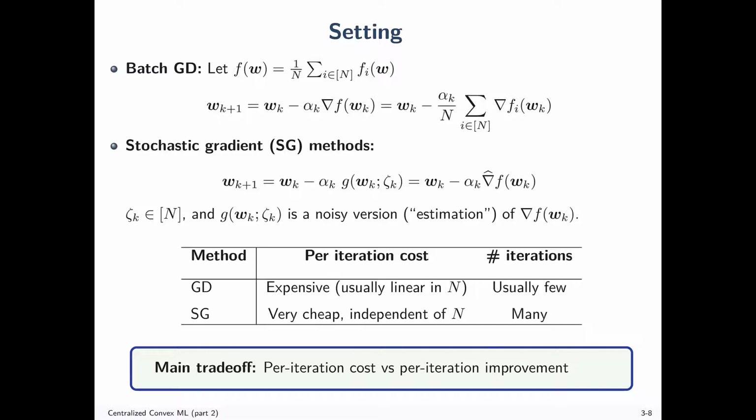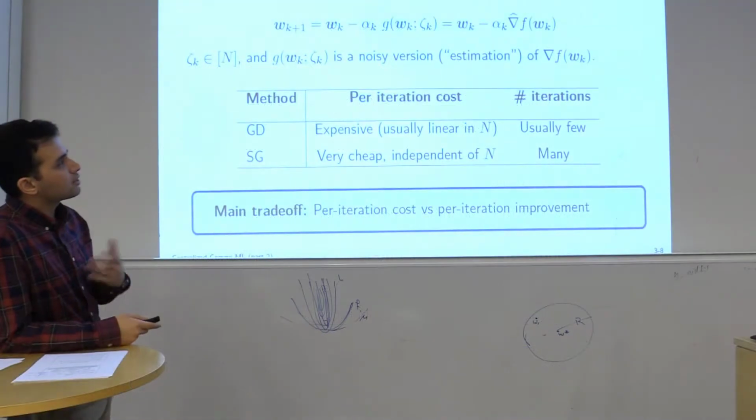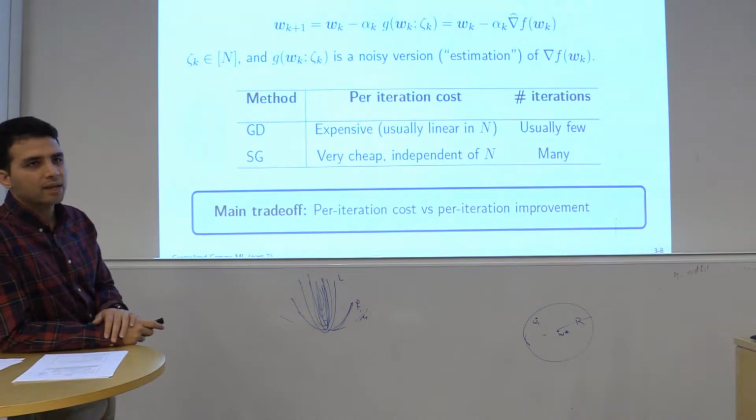What is the exact value of this g? It remains open here because we can have different versions depending on the algorithmic approaches. But all of them make this g an approximation of the actual gradient. And again, we know that the actual gradient is 1 over n times this summation here. So the whole idea is to somehow approximate that using calls to the oracle. What is the oracle?